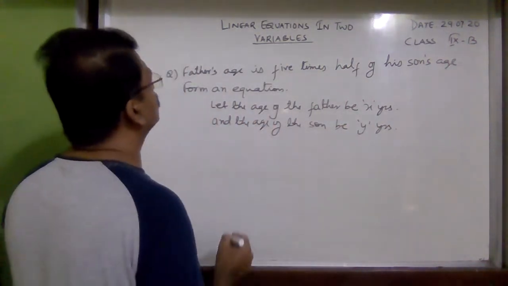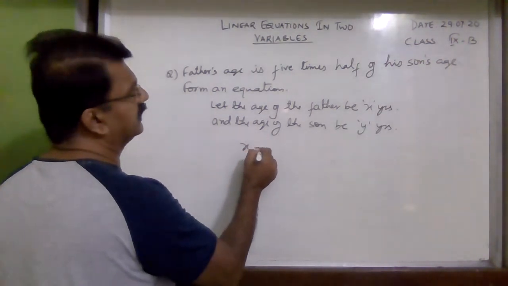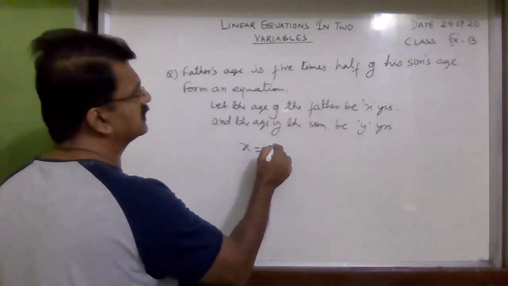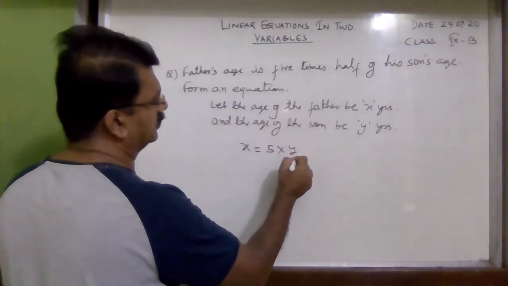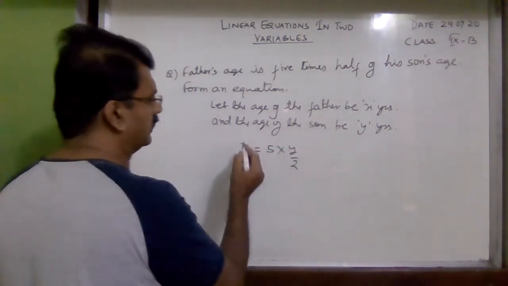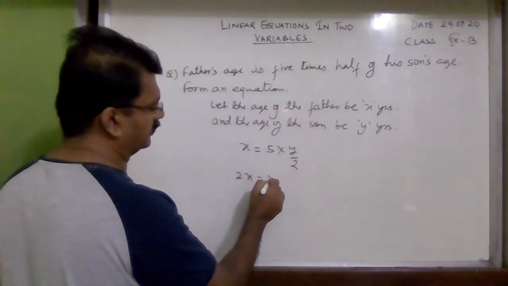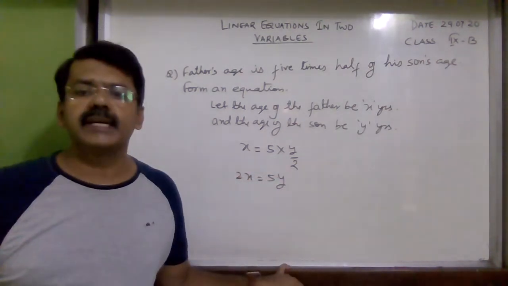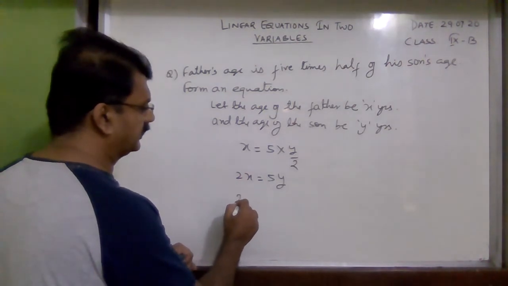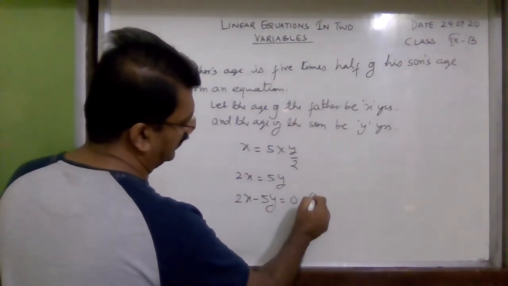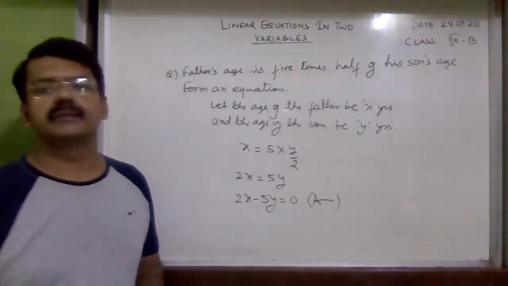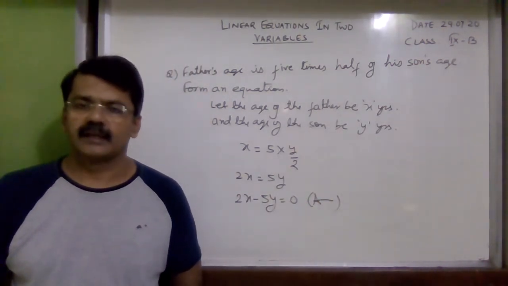Now according to the question, father's age is equal to 5 times half of his son's age, means y by 2. If you cross multiply, it will be 2x is equal to 5y, and if you rearrange the terms, it will be 2x minus 5y is equal to 0, and that is your answer. Clear?